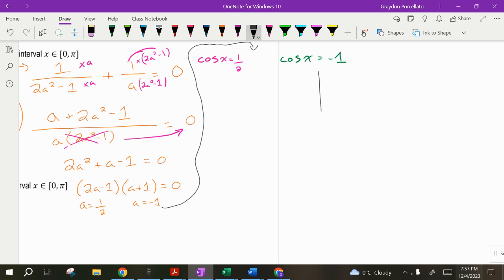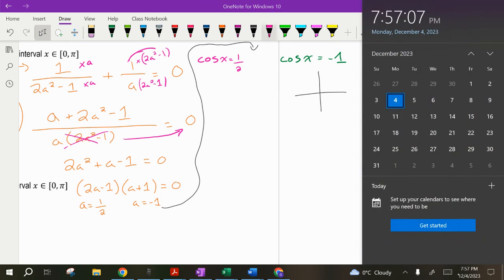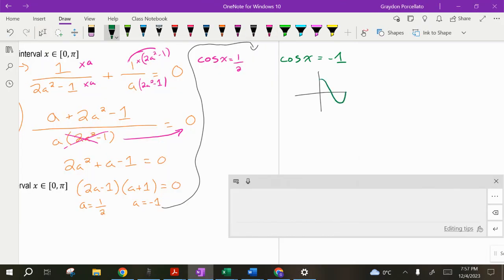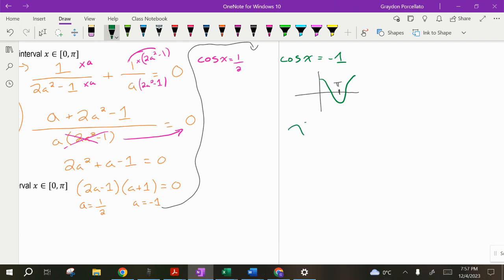Well, this second one's very easy. We know that cos x is negative 1. If we sketch this graph, it starts up here. Where is it negative 1? Well, it's negative 1 at pi. So my first solution is x equals pi. That's my first solution. It's only negative 1 once.